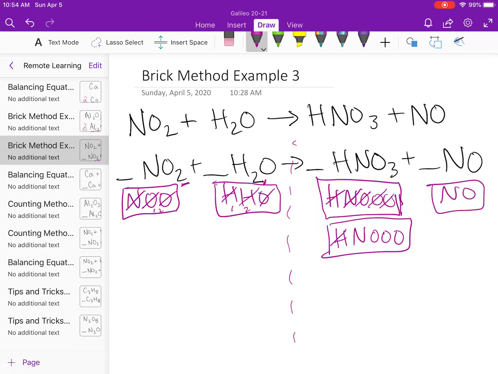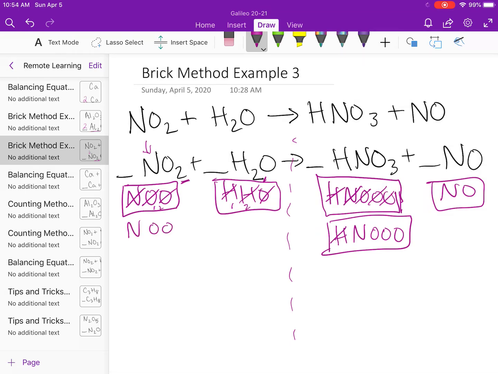Now we've got a lot of extra stuff on the right side. So let's go ahead and do the N, or nitrogen, first. There's only one brick on the left side that has a nitrogen, which is this one, and we need two more. So we're going to have to draw two more of those bricks. Okay, and now let's see if our O's match or if we have to do some more balancing.